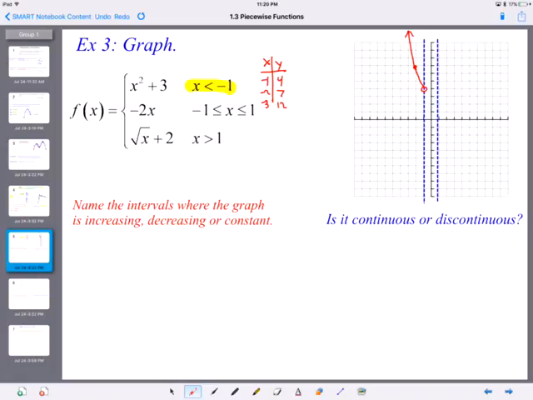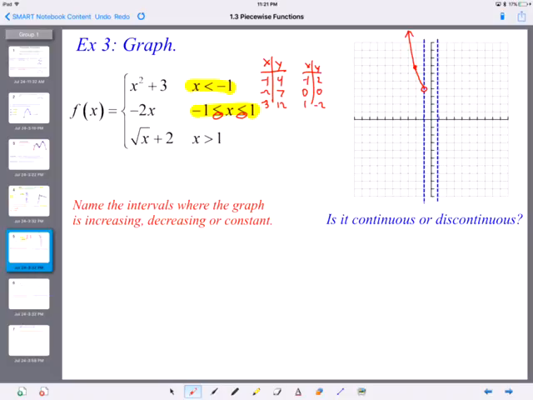The second part, we're only going to do values between -1 and 1. But pay attention on this one. You do have equal to, so these will be filled-in circles indicating that it's part of your domain. So we're only going to do values -1 to 1. So -1, 0, and 1. So -1 times -2, 0 times -2, and 1 times -2.